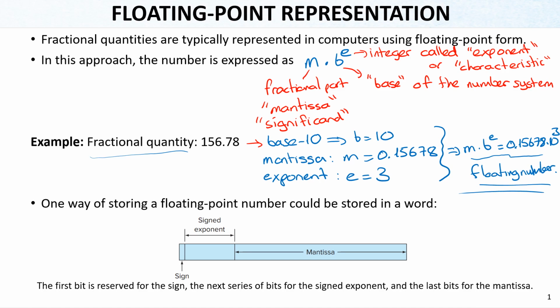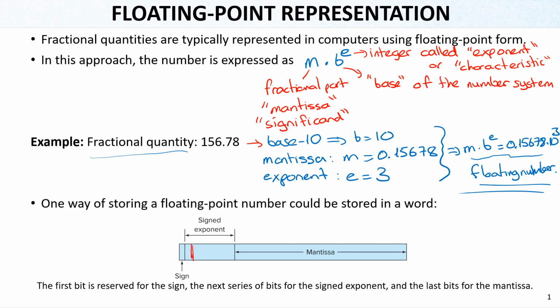And in computers, in a word, you can see here, a floating number can be stored with this notation. And we will have the sign again in the first digit. And also we will have a sign for this exponent here. And then we will have the mantissa. Or actually in the signed exponent, we will have a sign initially. Let's draw like this.